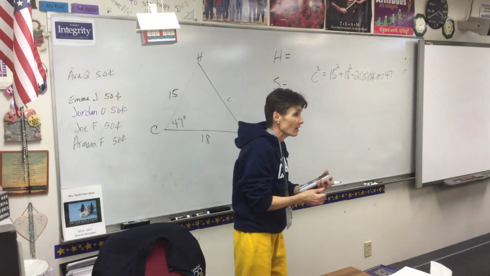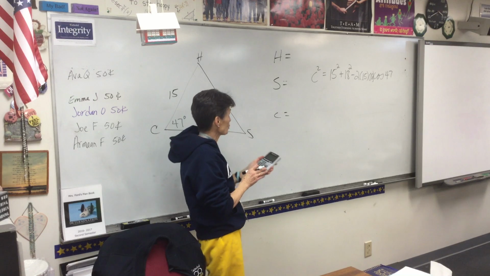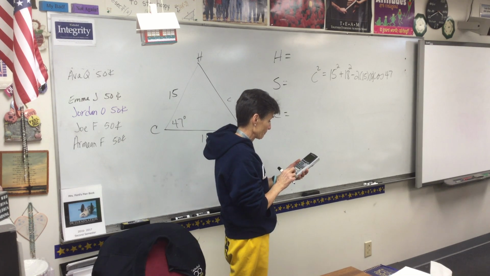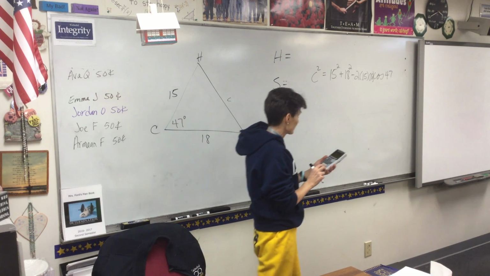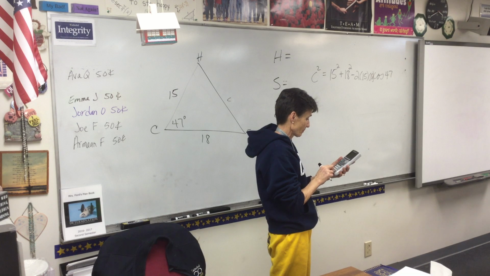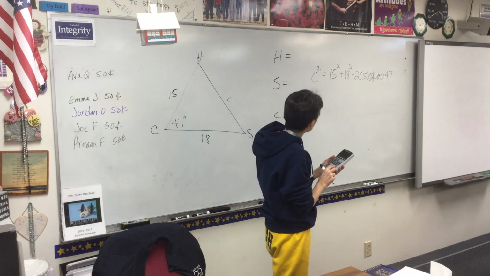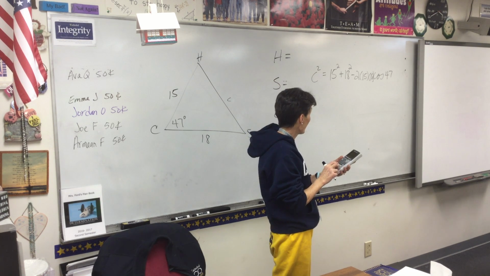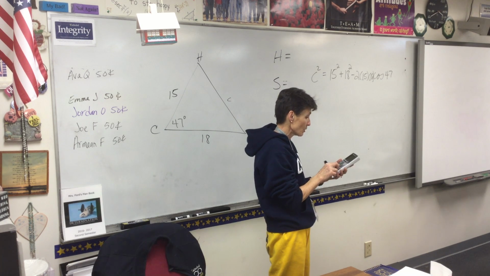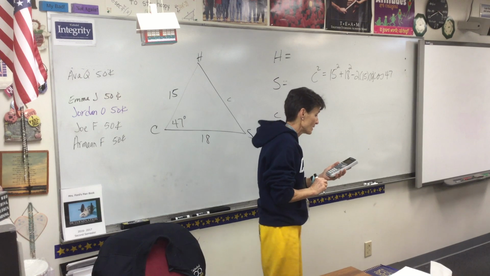And you all have a calculator. Please type it with me to make sure you can. 15 squared plus 18 squared minus 2 times 15 times 18 times cosine 47.